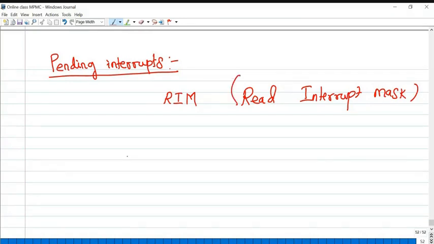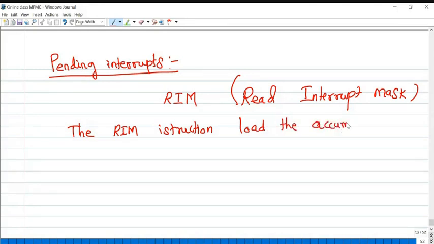The microprocessor will read the 8-bit information from the accumulator here also. Based on this RIM instruction structure, the processor will identify which interrupts are pending. The RIM instruction loads the accumulator with the following information.